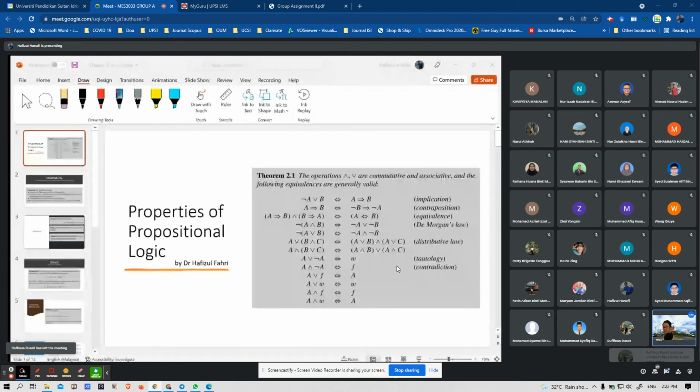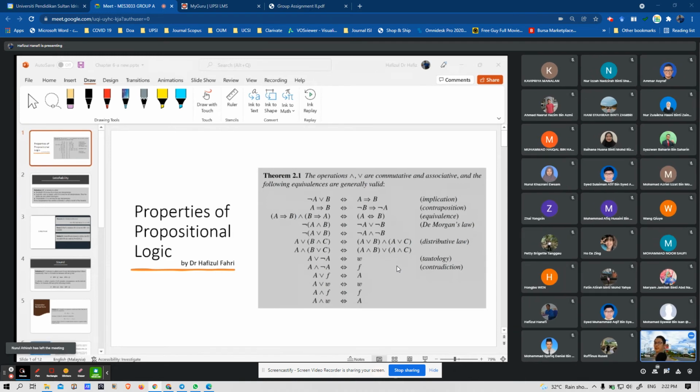The first one we go for is the implication operation. In logic, implication is a relationship between two propositions. You need to validate the proposition first, in which the second is the logical consequence of the first.